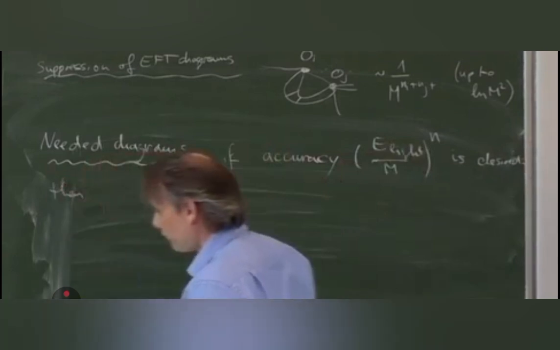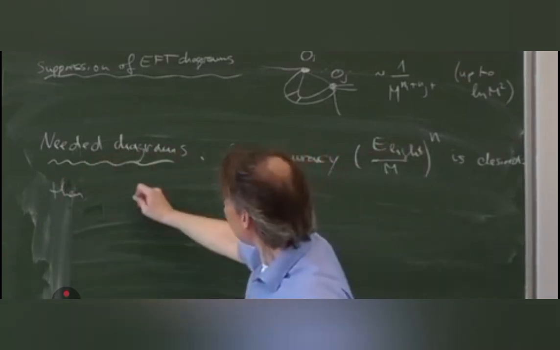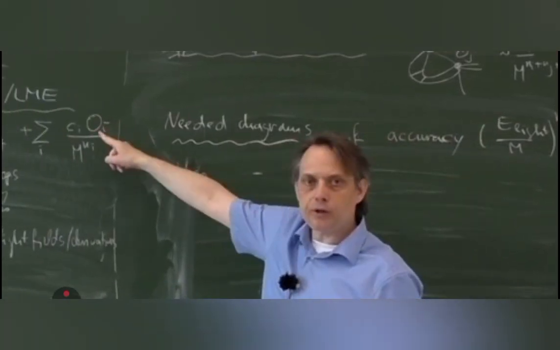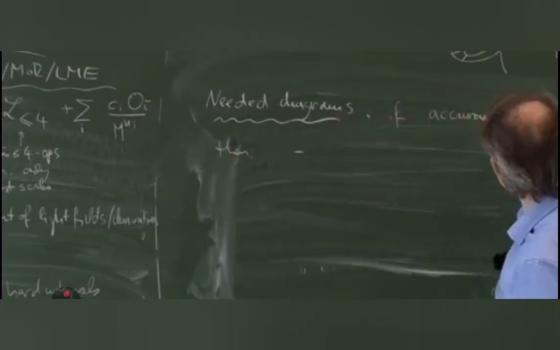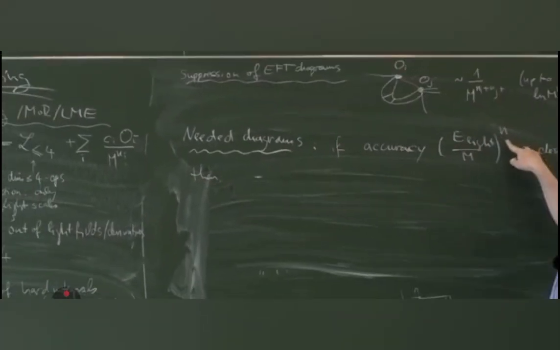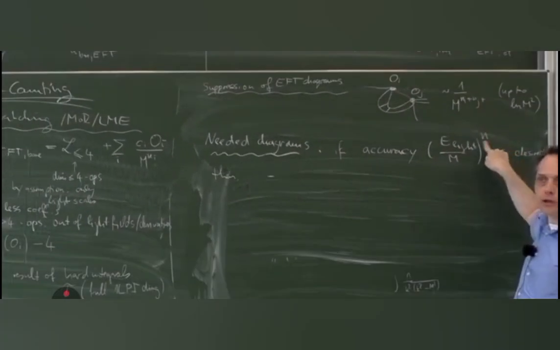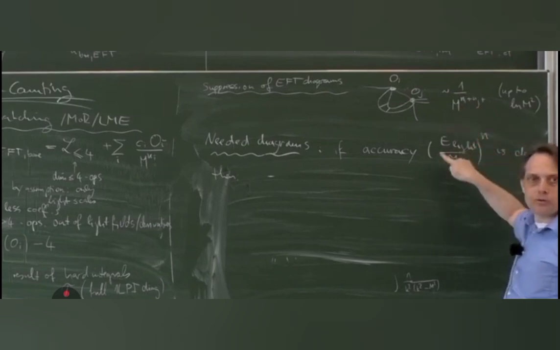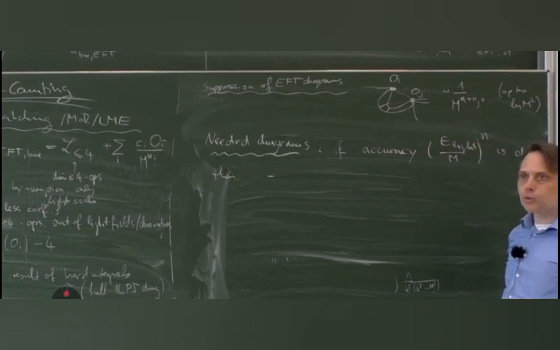Then, first of all, not infinitely many operators are necessary, because any operator where this ni is bigger than n will automatically lead to a suppression which is too strong and which cannot be compensated by anything.